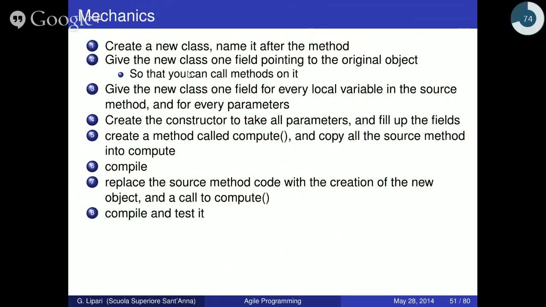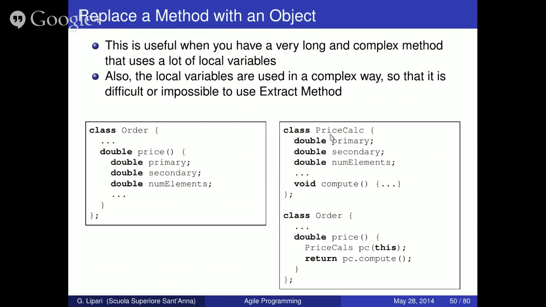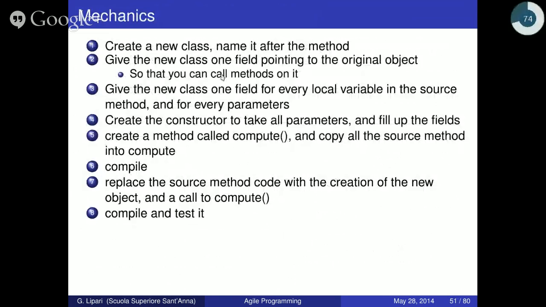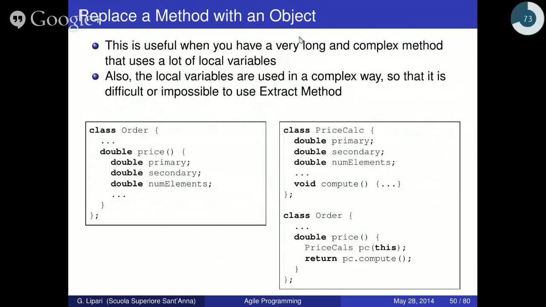So the mechanics is you create a new class and you name it after the method. So here you have price, and you call it price calc. You give the new class one field pointing to the original object, so that you can call methods on it. Okay, so this price calc should have a field that points to order.